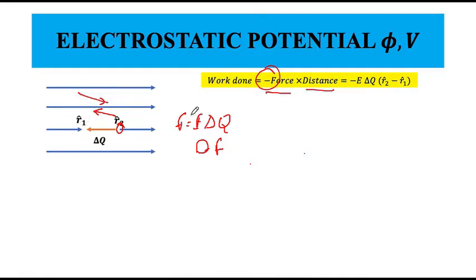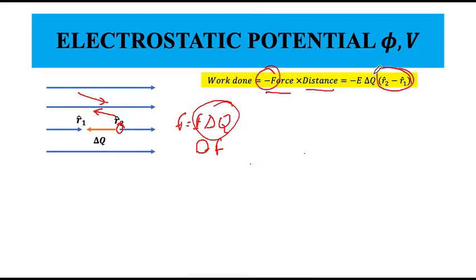Work done is force times distance. What is force? Force is E delta Q, which is the test charge times the electric field at this particular point, times the distance.